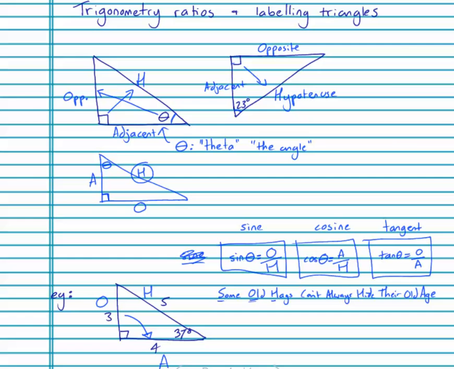And you see SOH means sine opposite over hypotenuse. Can't always hide: C for cos, A and H for adjacent and hypotenuse. Their old age, tan is opposite over adjacent. So it's just an easier way to remember, so we learn those ratios.